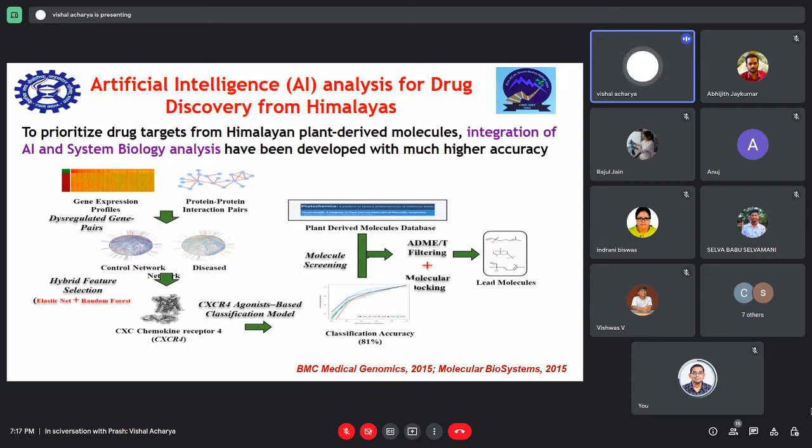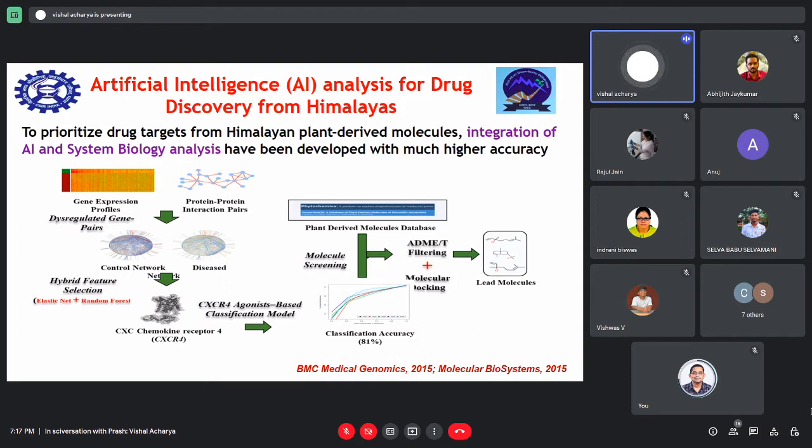We were planning to develop an integration of artificial intelligence and systems biology, built on protein expression data, network data and plant molecular databases.